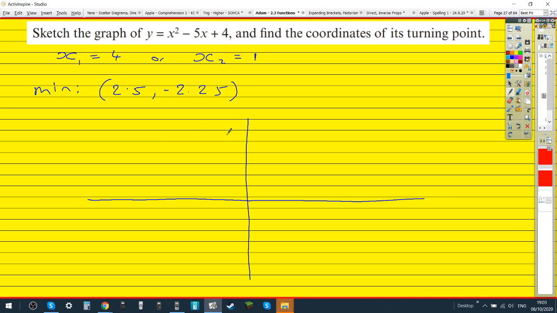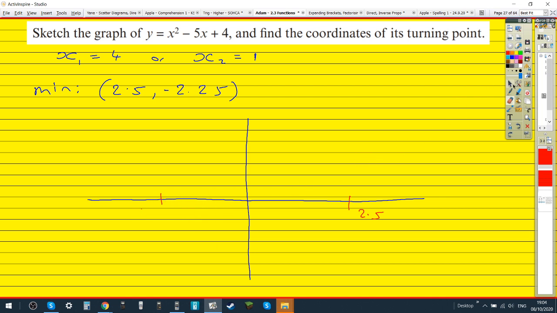How would I do this? So we have 2.5. We have minus 2.25. But how do I... Isn't that supposed to be x is 4 and 1? Ah, sorry, that makes much more sense.